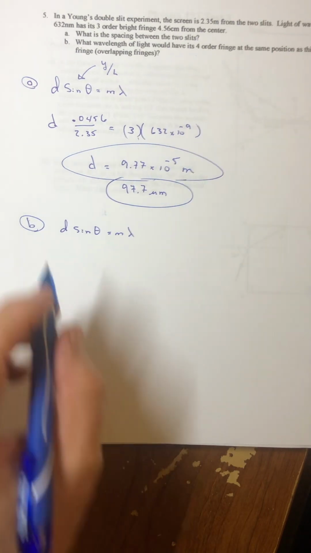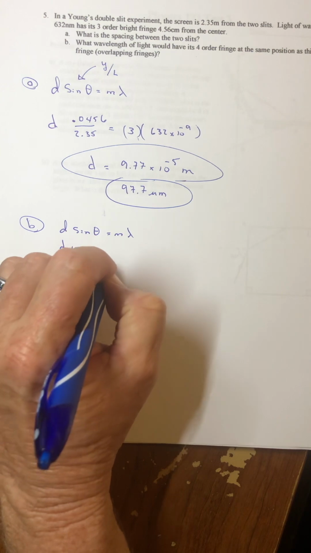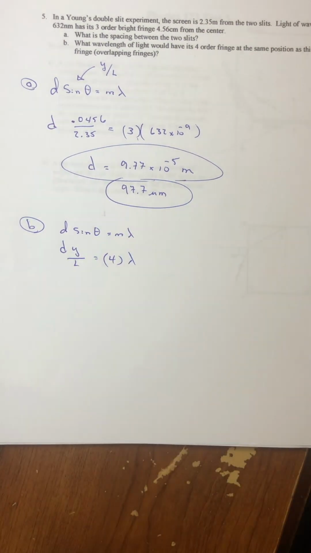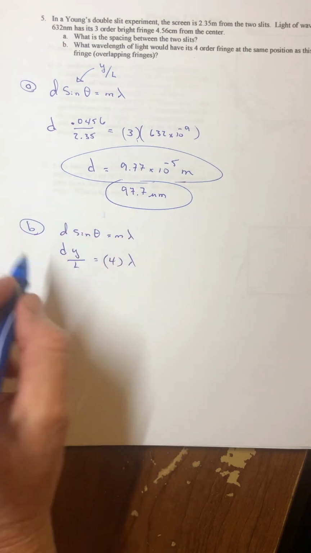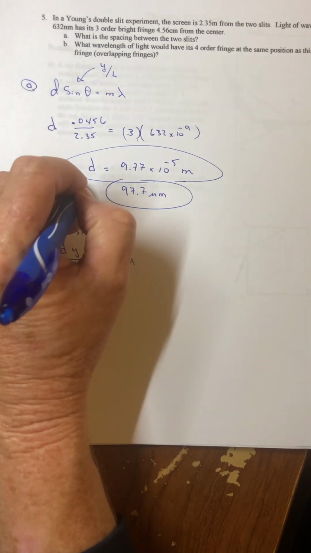And that's what I wanted you to recognize. Nothing really changes. We can even do the same small angle approximation. Although the one thing that is crucial here is we're saying now we're at order 4. And since we're using the same diffraction grating, this d is that same value.